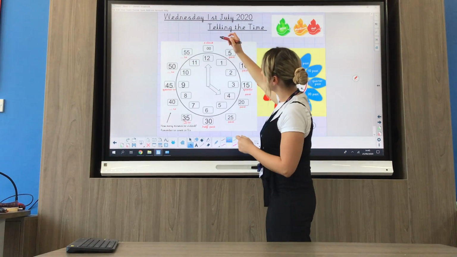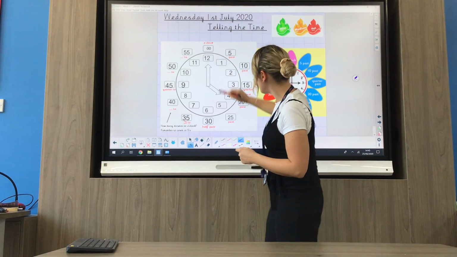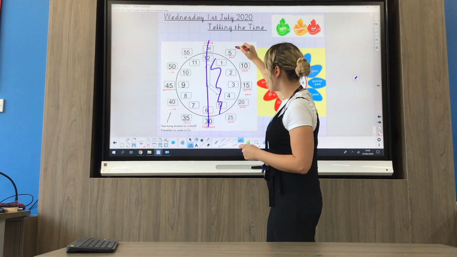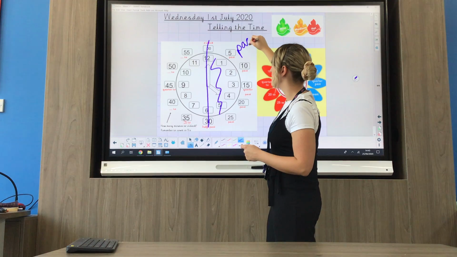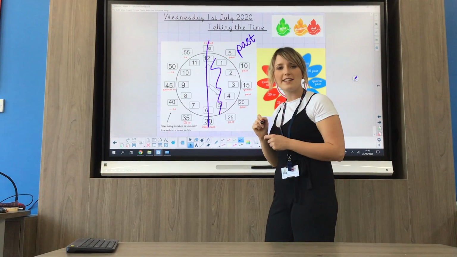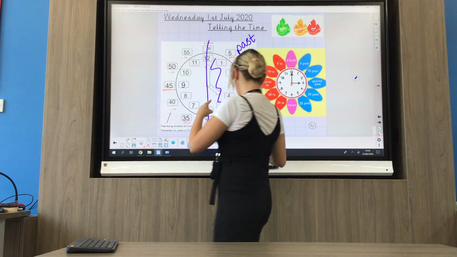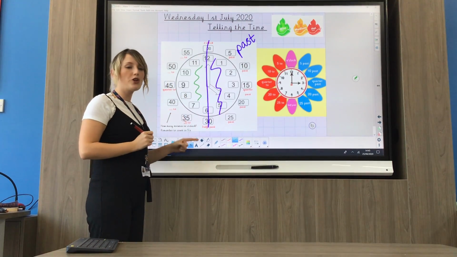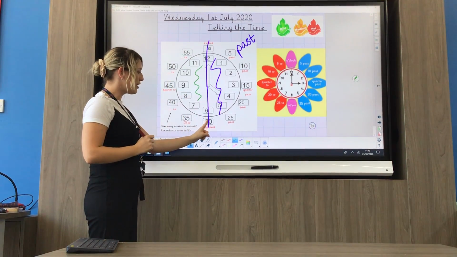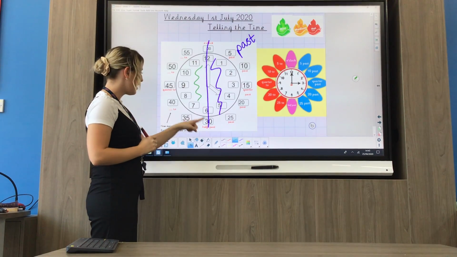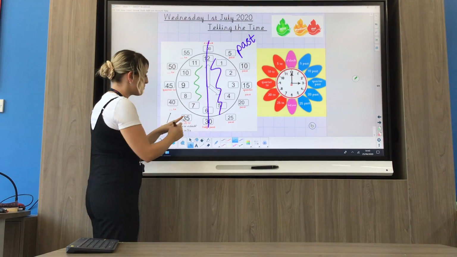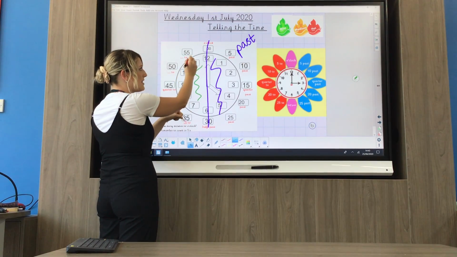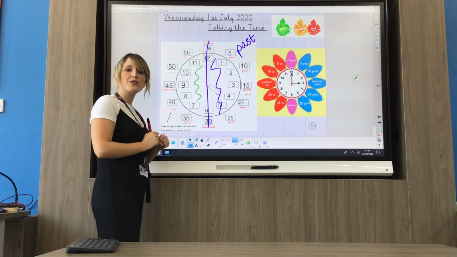When we get to the other side of the clock, if I get my pen, we know that this side is all of your past times. It's minutes past the hour. On the other side, this half of the clock, it's minutes to the hour. So we add 30 minutes, which is half past. 35 minutes would be next, and we know that's 25 to.